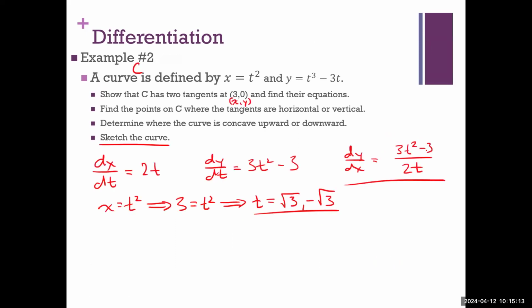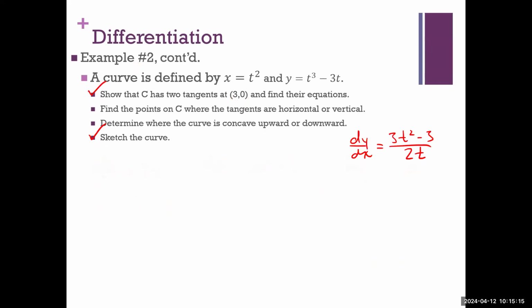Okay, if I want to find where this is horizontal, then I want to set this derivative equal to 0. So 3t squared minus 3 over 2t equals 0. Where do I go from there? Solve for t.